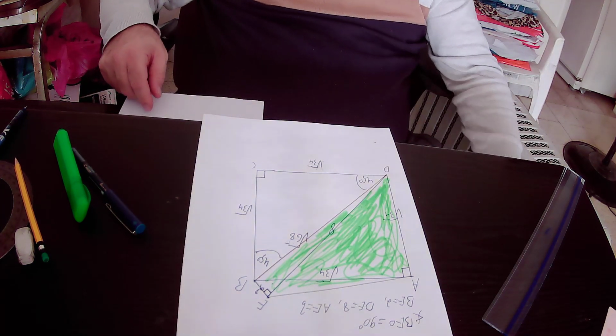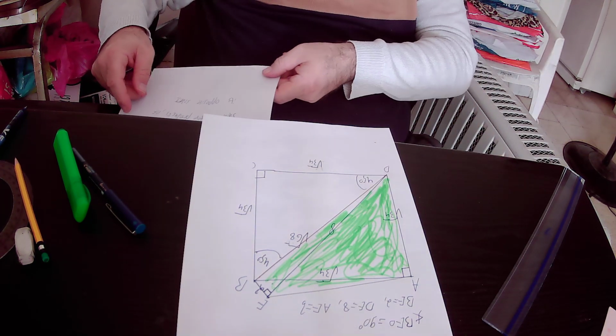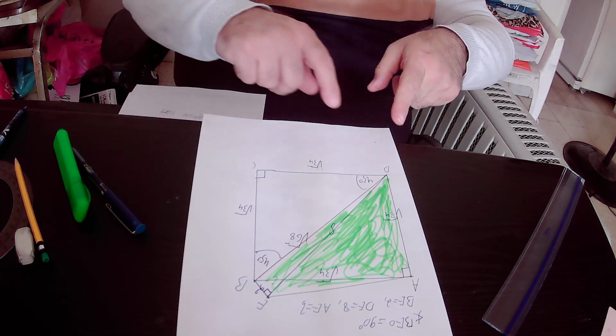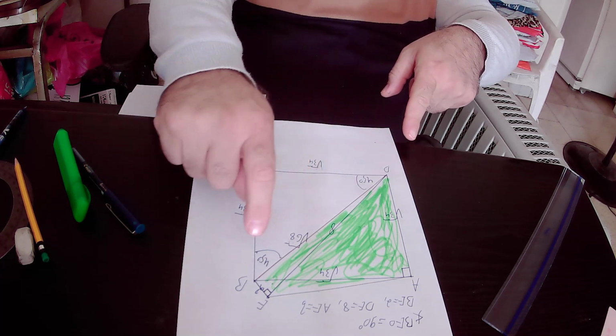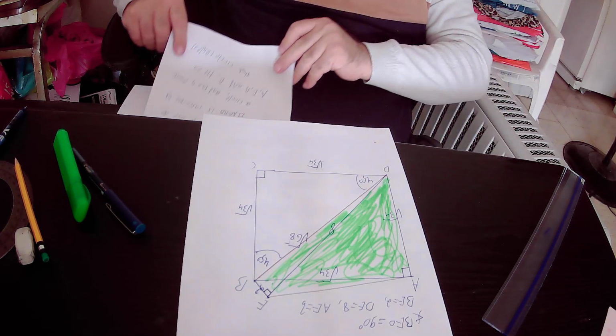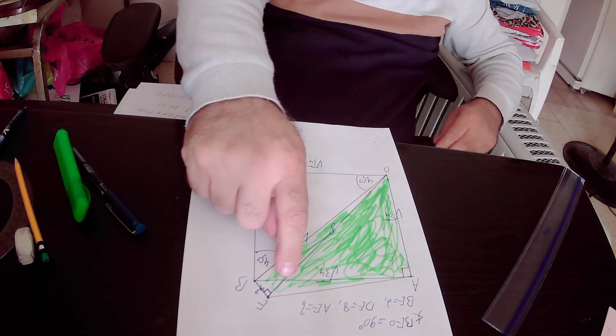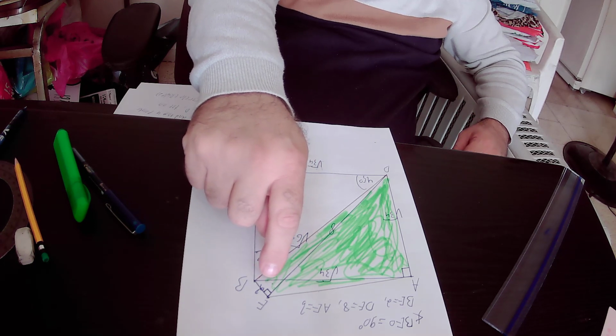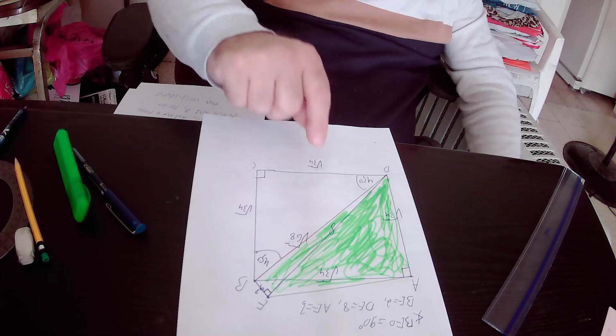So the first thing that we did is we joined points D and B by a straight line, and triangle DEB is a right triangle because it has one angle that equals 90 degrees.